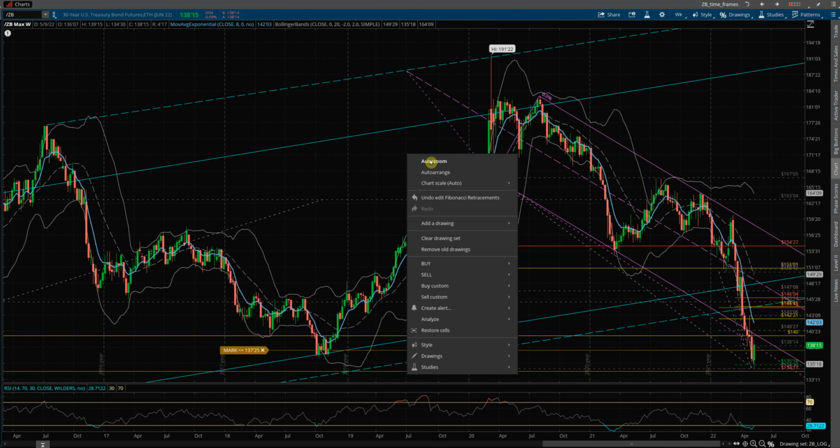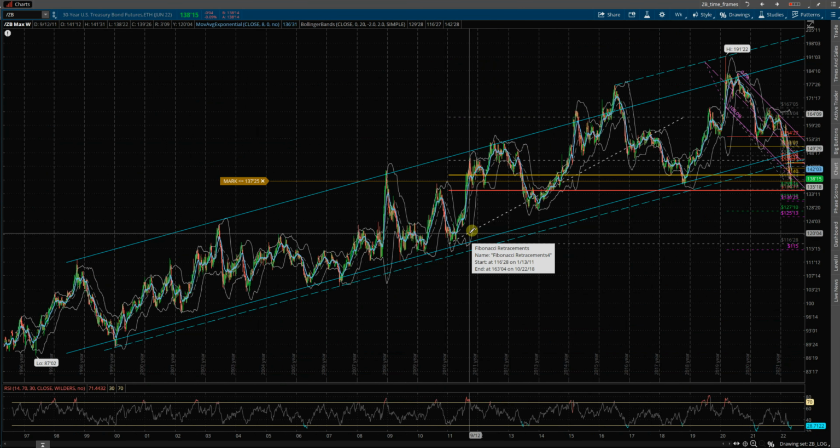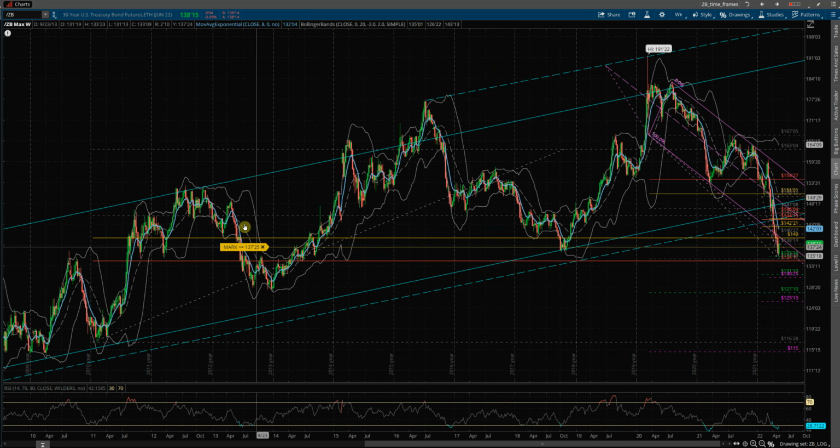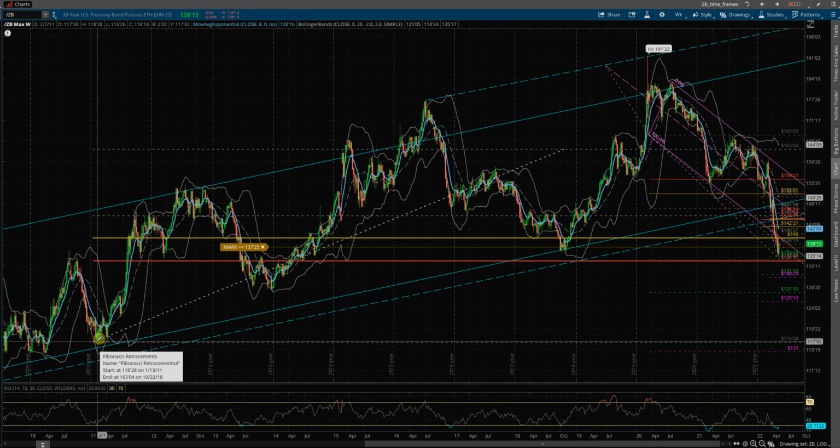It is worth noting that I've talked about this before on the weekly chart. We had a 5-wave move into highs that looks like an ending diagonal, a series of 3-wave moves that started on this 2711 weekly candle.